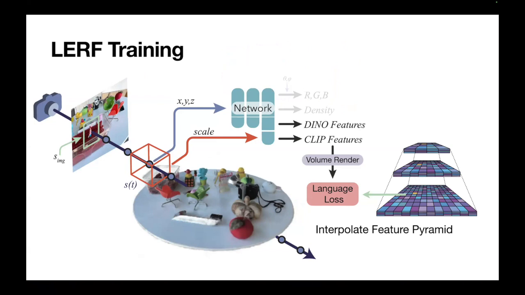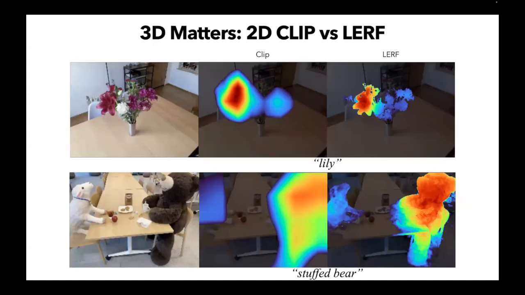Now there's a little bit more subtlety because this actually has to be done at multiple scales, which if you're interested, you can look at the paper. But one thing I would like to emphasize is that there's a lot of power that comes from putting these semantic outputs that come from data-driven priors into 3D space.